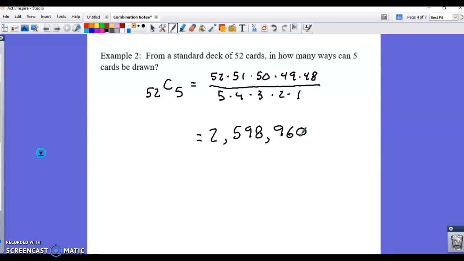Do it on my calculator too, just to make sure. 52 choose 5, 960. Yep. So there are 2,598,960 different 5-card hands that you can have from a deck of cards.